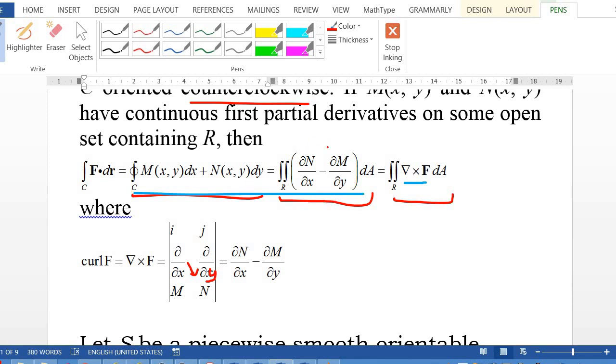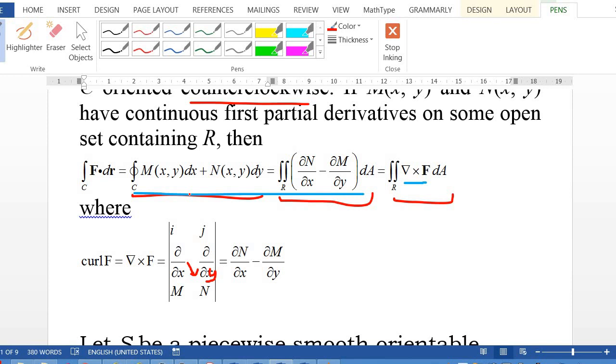And we have proved that this del N del x minus del M del y is actually the curl of F. So Greens theorem is for the curve which is in 2 dimensions, closed and anti-clockwise.